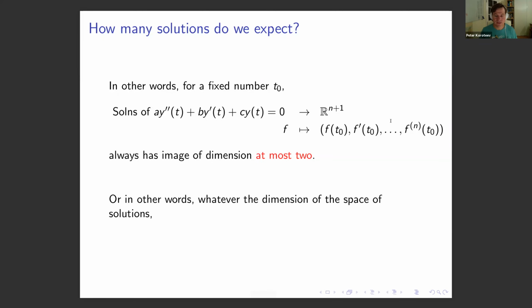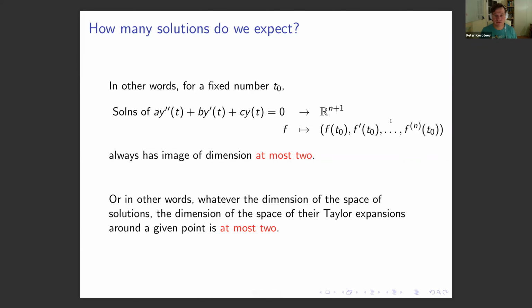So in other words, whatever the dimension of the space of solutions, the dimension of the space of their Taylor expansions around a given point is at most 2.